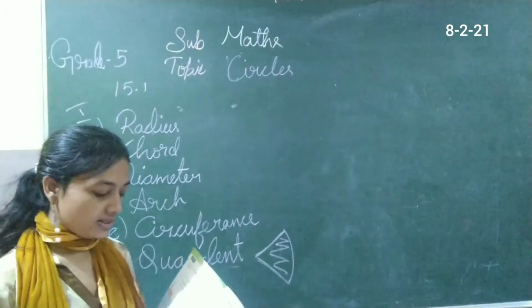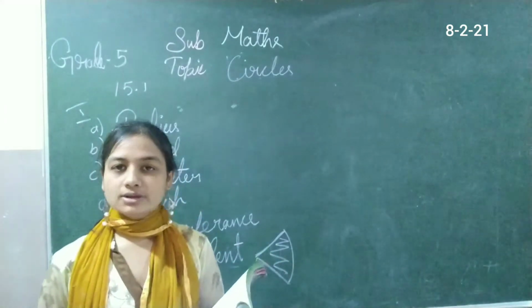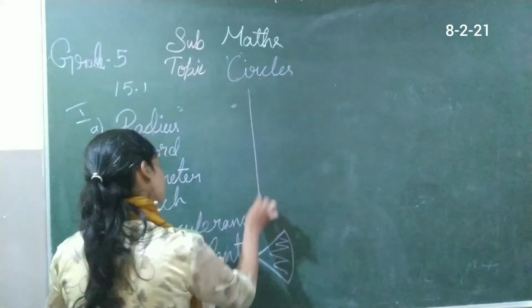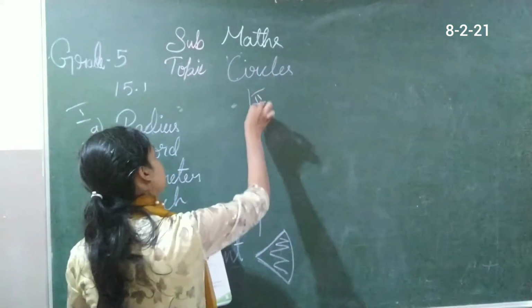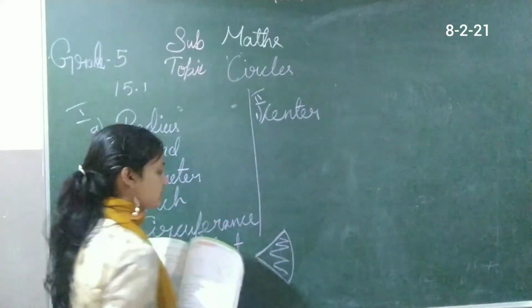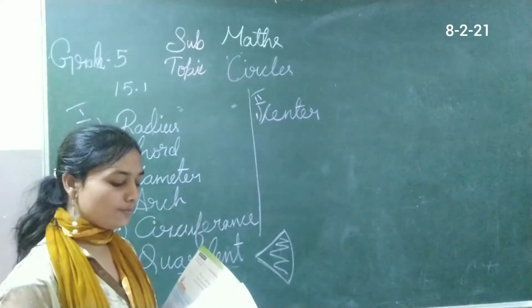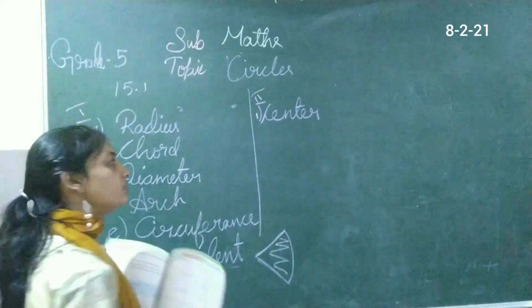Okay. Now let's go for the second one. In the second one, fill in the blank. First question. The fixed point on a circle is called center. Second one, first one, center. A line segment joining the center to any point on the circle is called radius.